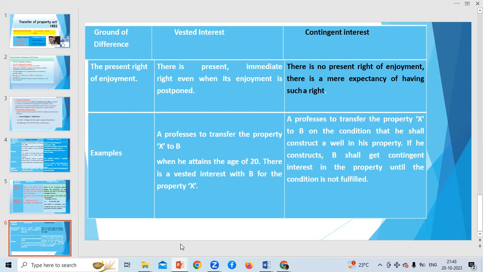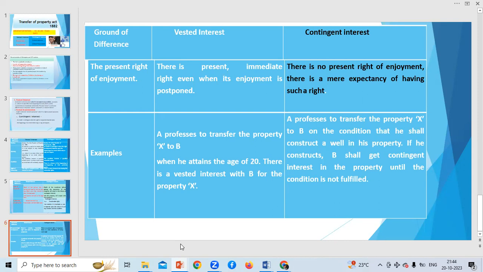So it's very easy to understand, present right, enjoyment, all the points mentioned up here. But in case of transfer and enjoyment of right, the example is very good. B will get the property when he is at the age of 20.